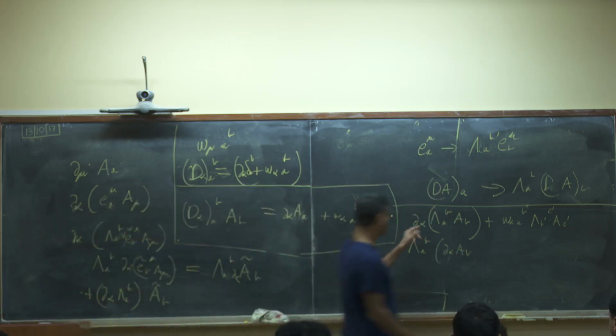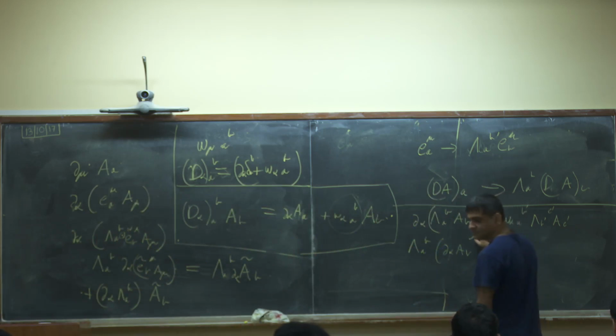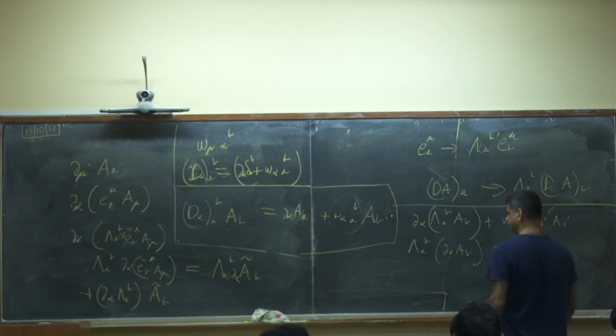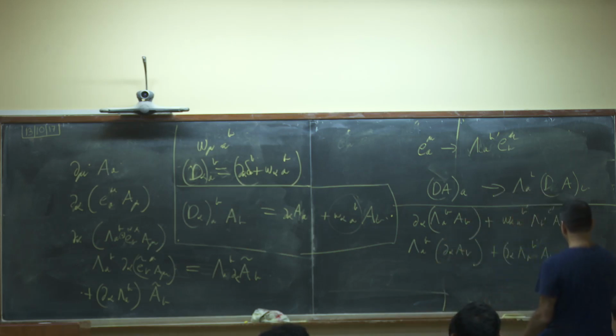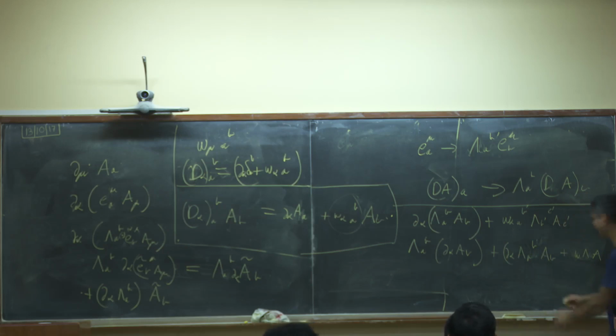Okay, but what are the remaining terms? Okay, there's plus del alpha lambda AB psi B plus omega alpha lambda psi. Okay, now I'll write this in matrix notation just to simplify. So it's del lambda psi.